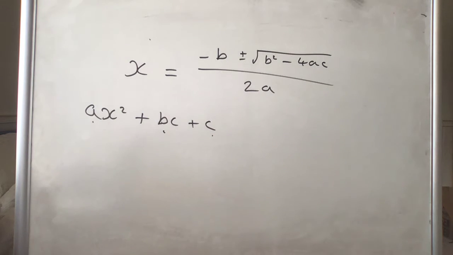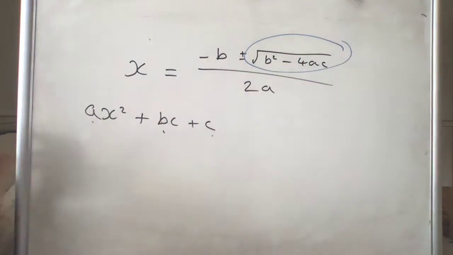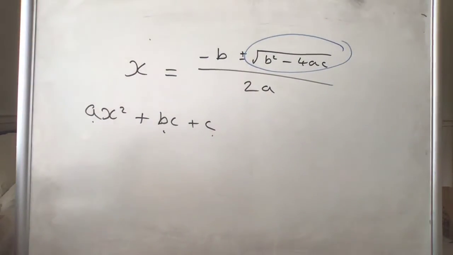Okay, so if the number under the square root sign in the quadratic formula is negative, then x cannot be a real number. Okay, so there'll be no real solutions. But if the number under the square root sign in the quadratic formula is 0, then both of our solutions of x will be the same.